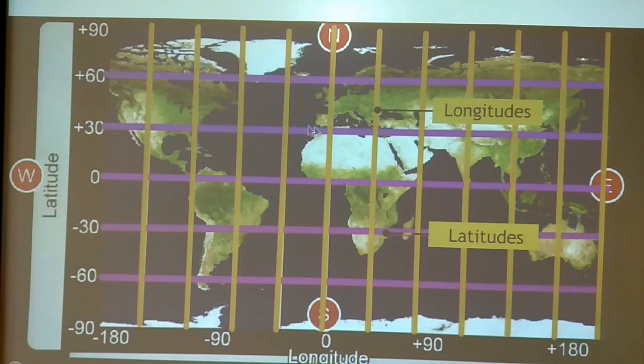So when we want to locate a place, we need to write the degree of longitude of that place and the degree of latitude of that place. It will help in locating the place, or in which hemisphere it is. It will become easy for us to locate a place in this way.